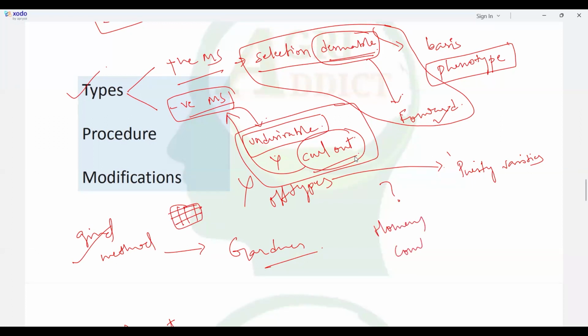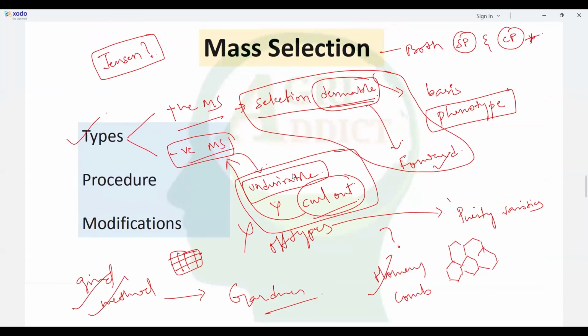Just remember this: they divide the fields into honeycomb structures, and then practice mass selection. Just as simple as that. One is the grid method and the second is the honeycomb method. Clear about mass selection? Yes, sir. An important point is that mass selection can be practiced in both self-pollinated as well as cross-pollinated crops. Okay. Clear?